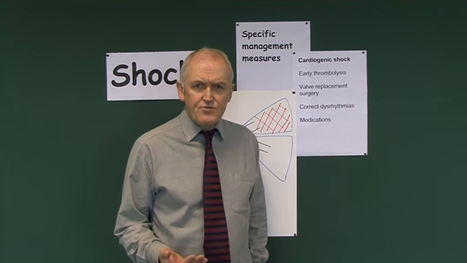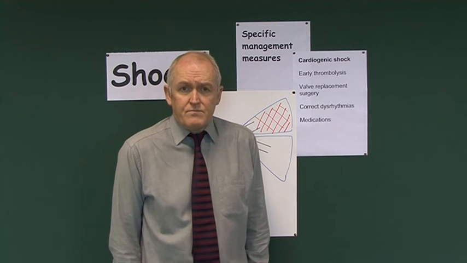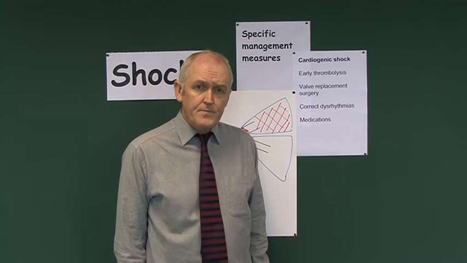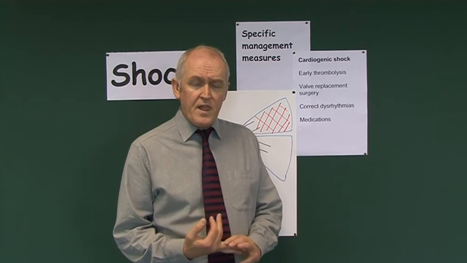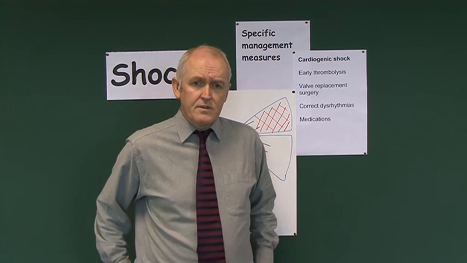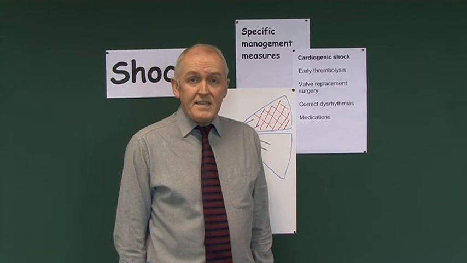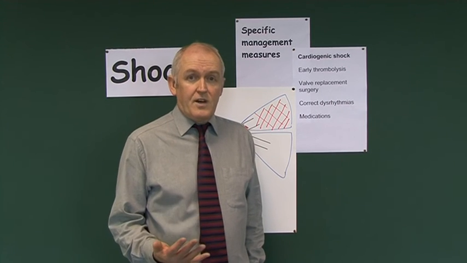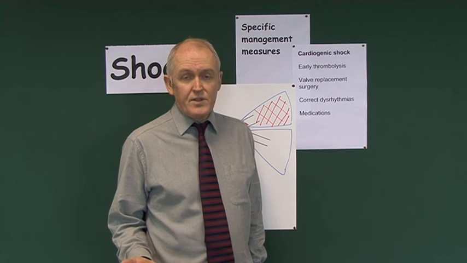So for example, with ventricular fibrillation, we would treat that with defibrillation, with DC shock, providing the patient was unconscious, pulseless, and ventricular fibrillation was seen on the ECG screen. So correcting dysrhythmias. Medications, of course, this is the whole field of cardiology really, medications to correct the pathology that's wrong with the heart.